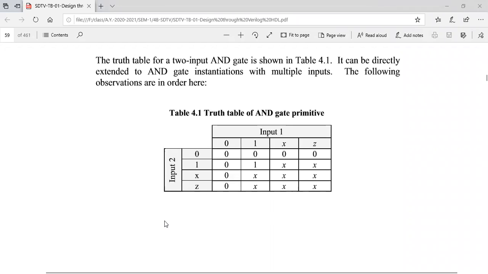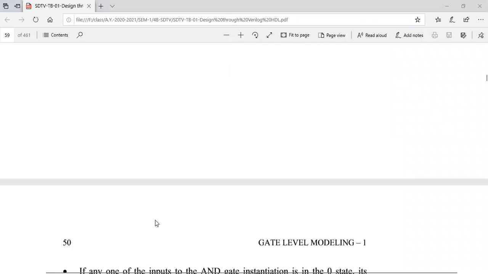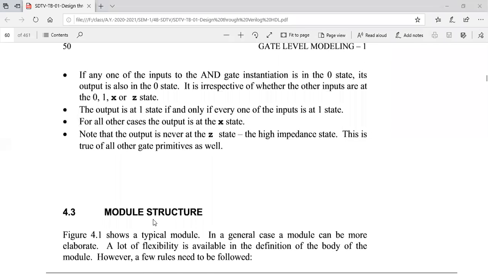So here one thing we have to observe: we have many inputs and only one output in these AND gates. We will see these things. The same thing we have explained here is explained here.